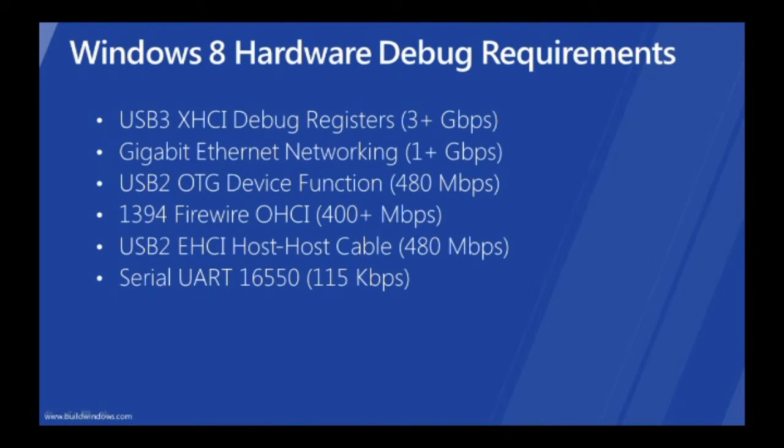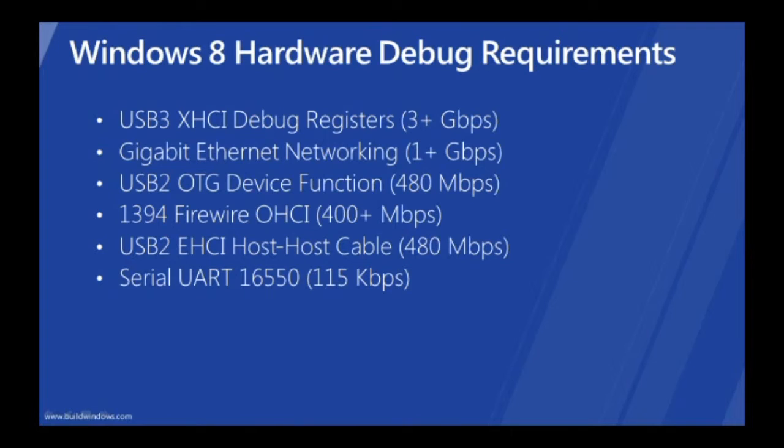These are the Windows hardware requirements for debugging in preferred order based on available hardware and speed. We require that systems provide support for at least two of these for debugging, preferably Gigabit Ethernet and USB 3 XHCI debug. We also ensure that Windows 8 ships with in-box support for all of the recommended debug hardware.